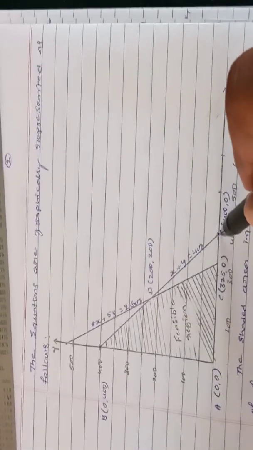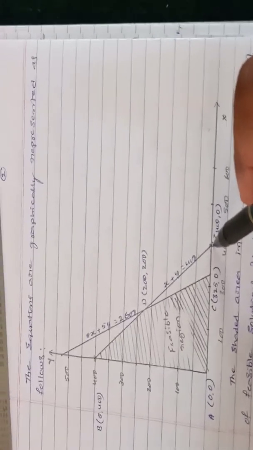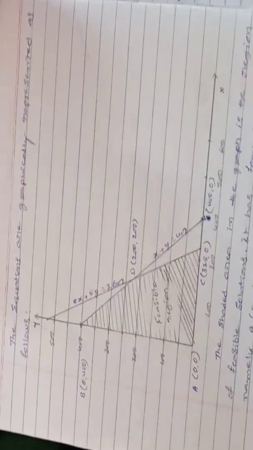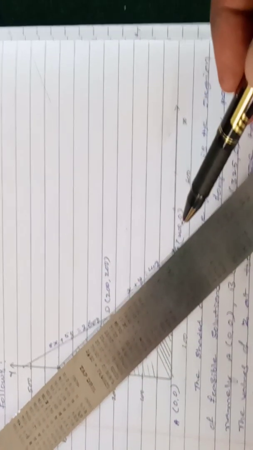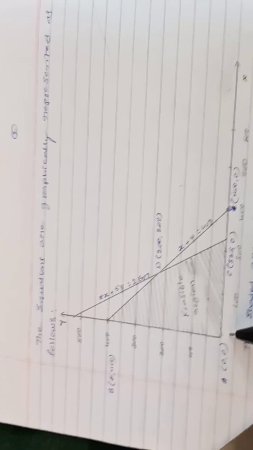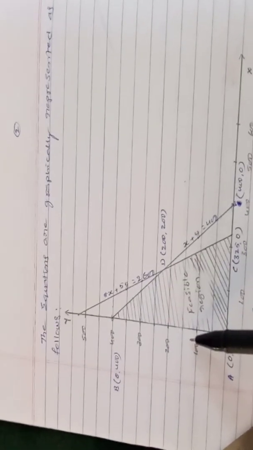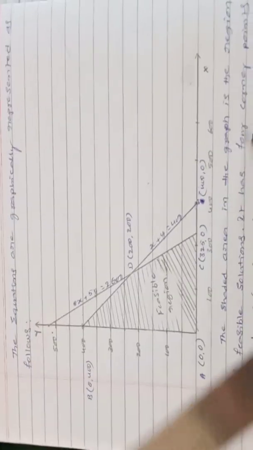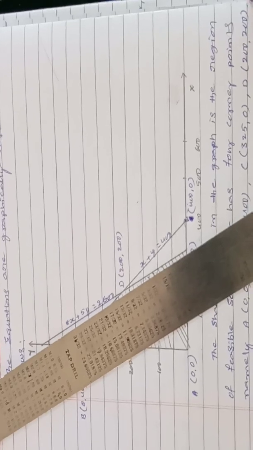According to the points calculated in the table, join these two points with a scale. Now for the second line, x equal to 0 gives y as 520 here, and x is 325 when y is 0. Join the two points by the scale.